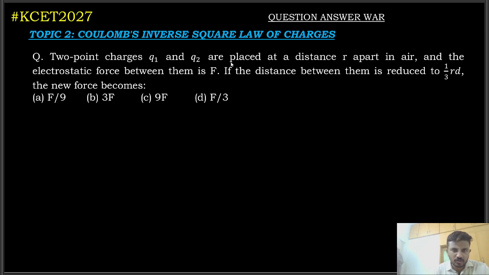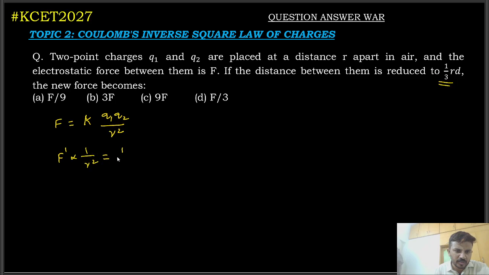Two point charges Q1 and Q2 are placed at a distance r apart in air, and the electrostatic force between them is F. Okay, so there is a force which is K Q1 Q2 by r square. Now, if the distance between them is reduced to 1/3, then new force F dash is inversely proportional to r square.